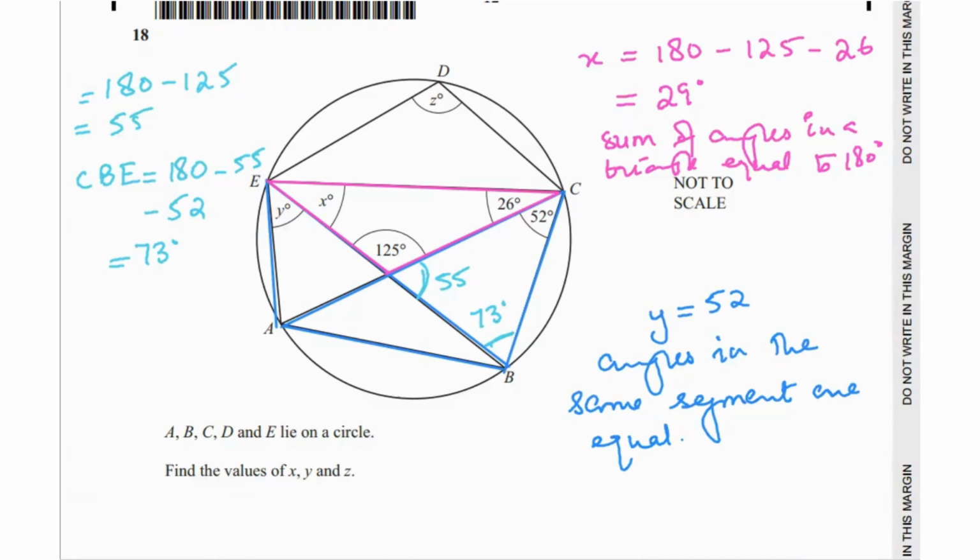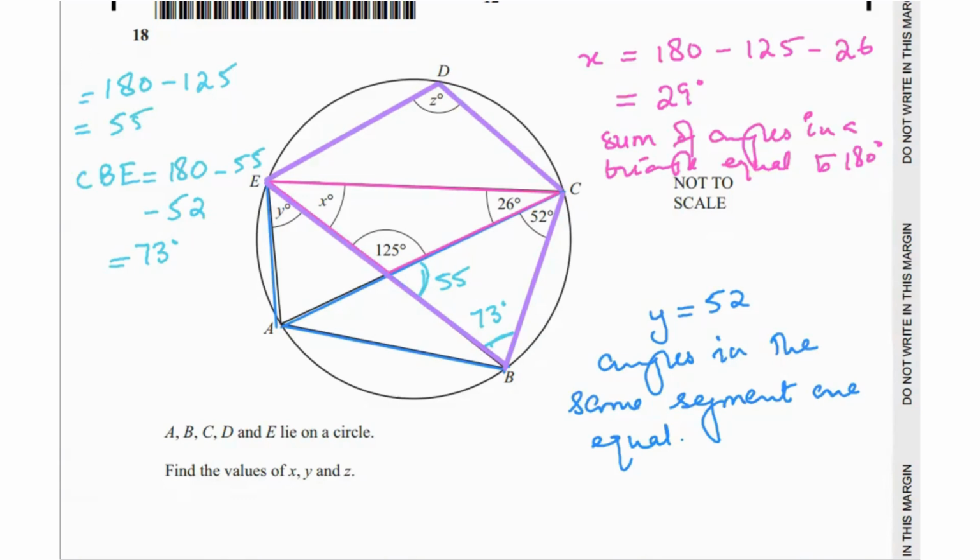Now, if I highlight this quadrilateral over here, we can see that it's a cyclic quadrilateral. A cyclic quadrilateral is a quadrilateral whose all four vertices are touching the circumference of the circle. So all four vertices of this quadrilateral are touching the circumference.